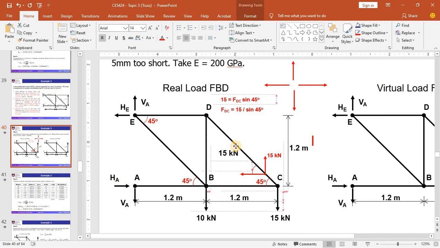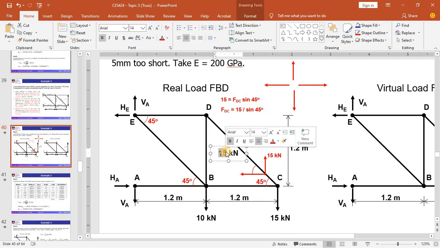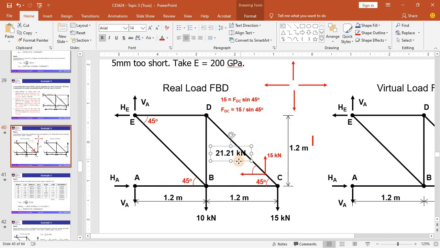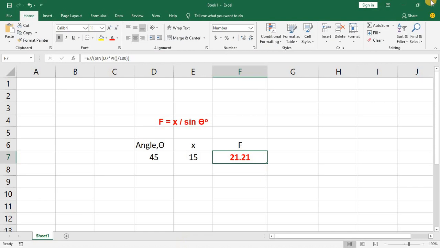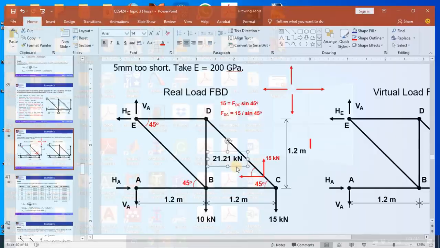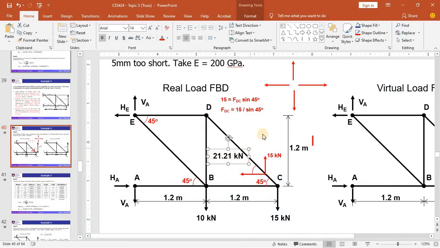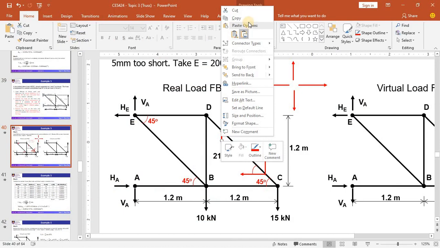So let's indicate it in the diagram. This is 21.21 kilonewtons. Am I right here? Let's check again. 21.21. Okay, correct. So this is my internal force. Let's indicate the arrow.